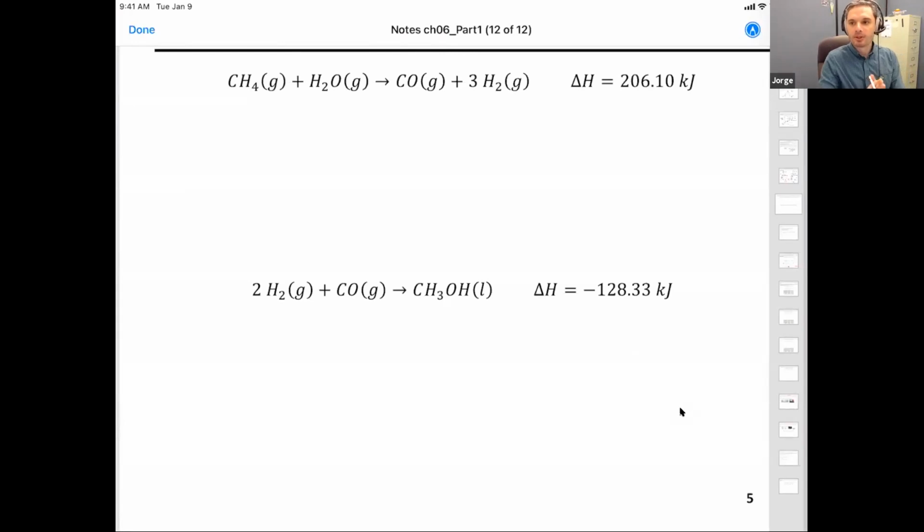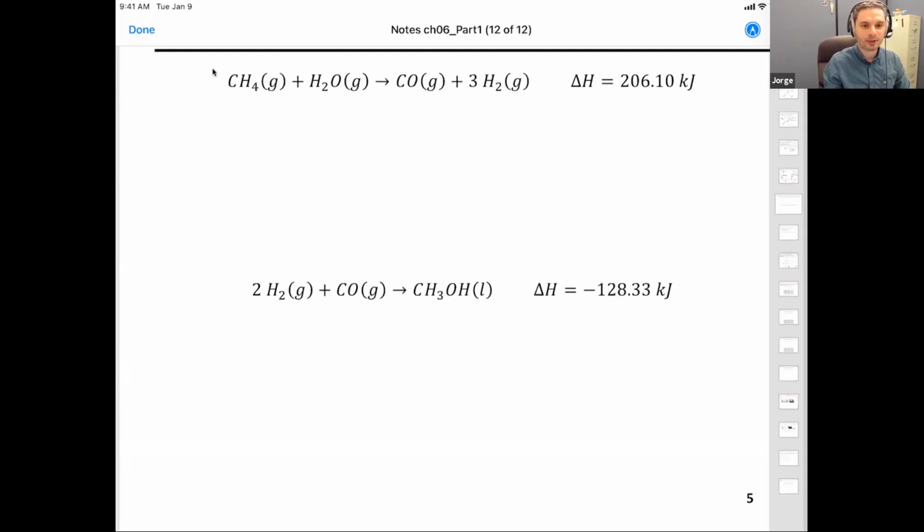Okay, so let's solve, and then you will have the opportunity to check if you are on the right path or if you need to go back and revise concepts. So let's start with the reaction on the top. So we have here methane, CH4 reacting with water, and the products are going to be carbon monoxide and hydrogen.